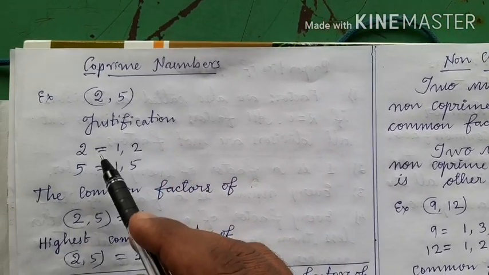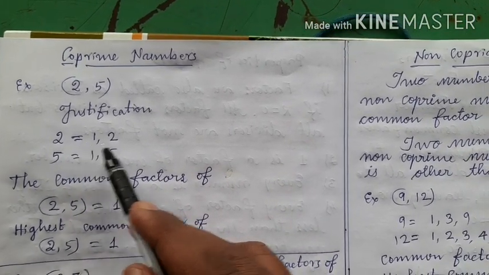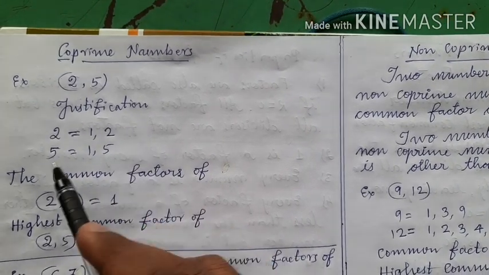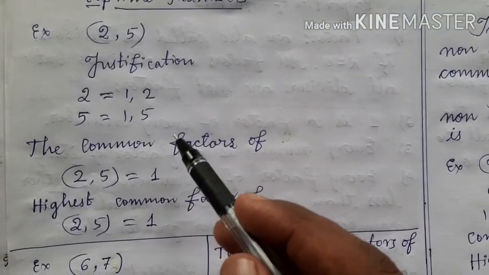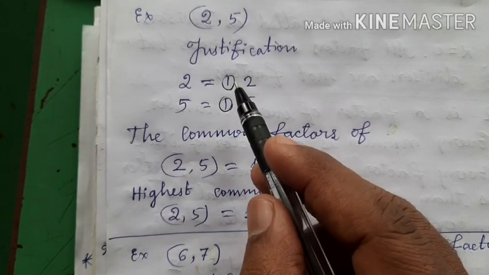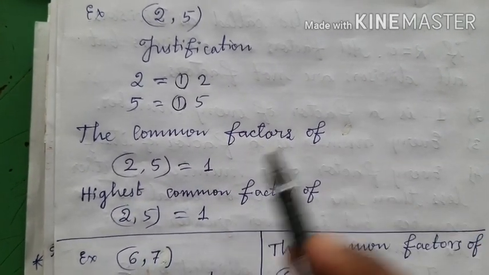Let us justify why they are called co-prime numbers. Write the numbers 2 and 5 here and list the factors of 2. The factors of 2 are 1 and 2. List the factors of 5. The factors of 5 are 1 and 5. What is the common factor of 2 and 5? See here, children, 1 is the common factor of 2 and 5.